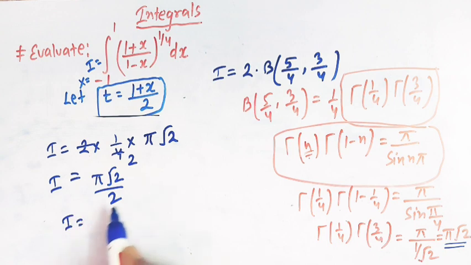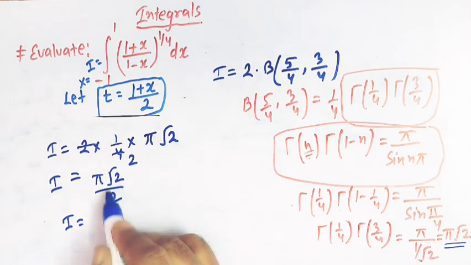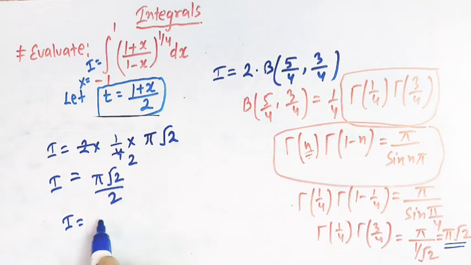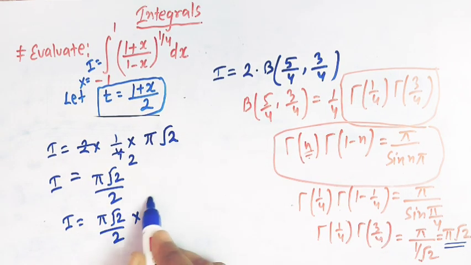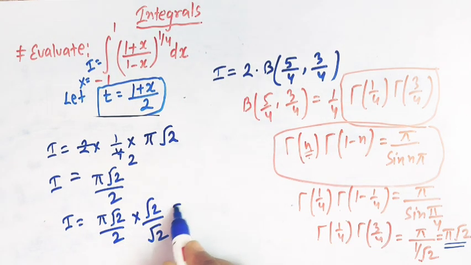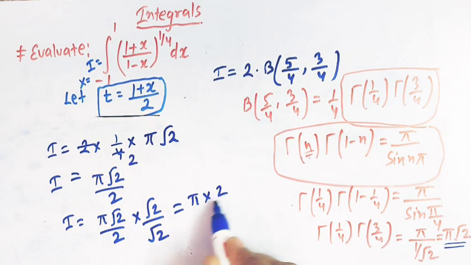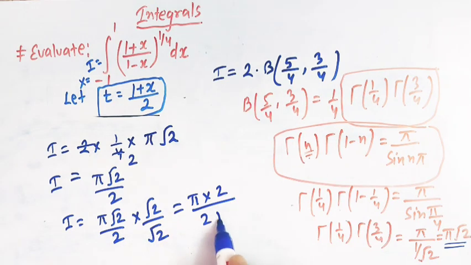So we can rationalize this term by multiplying the numerator and denominator by square root of 2. So we have here square root of 2 divided by square root of 2, right? So square root of 2 times square root of 2 is equal to simply 2. Here we have 2 root 2. 2 and 2 get cancelled.